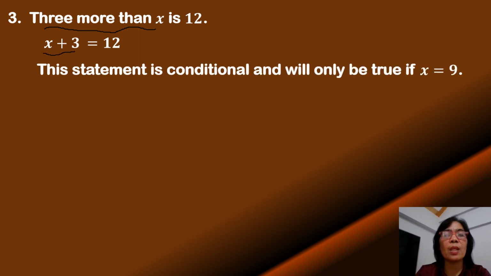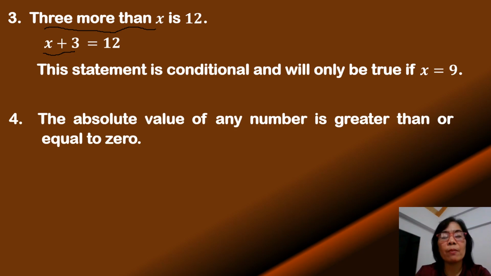So we call this a conditional statement, and the statement will only be true if x is equal to 9, because that gives us 9 plus 3 is 12, so 12 is equal to 12. A mathematical statement, by the way, is true if, when you simplify your left member and your right member, they are equal.